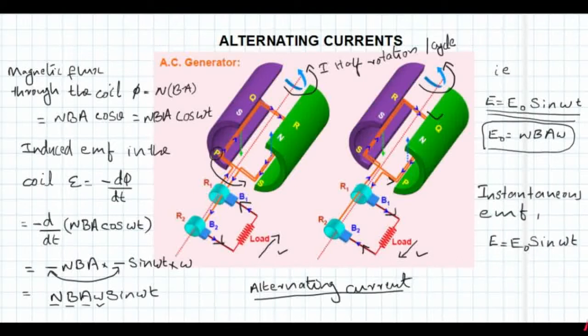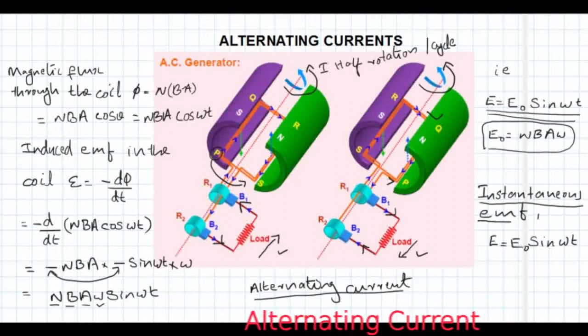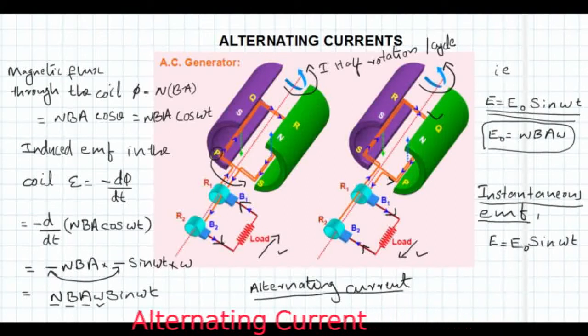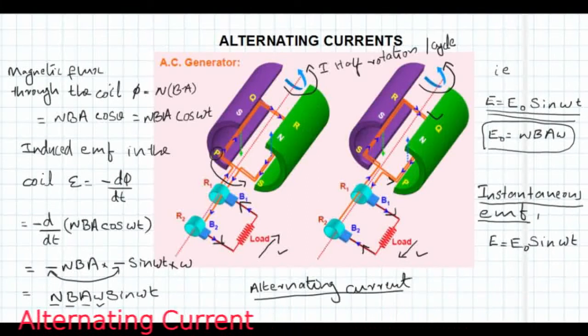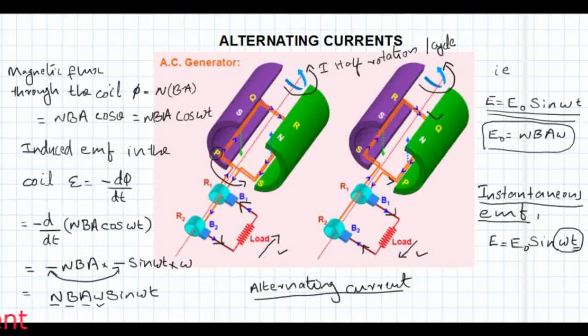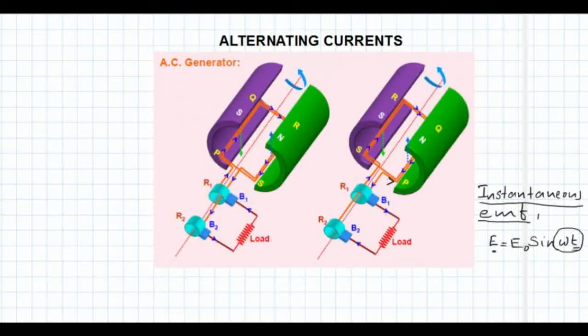That is why it is called instantaneous EMF. So how does the value of E equal to E0 sin omega t change? It depends on the value of omega t. So how does the value of omega t change? It changes from an initial angle of 0 to a maximum angle of rotation of 360 degrees.